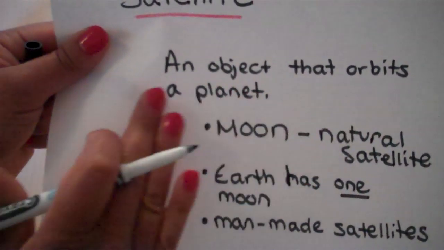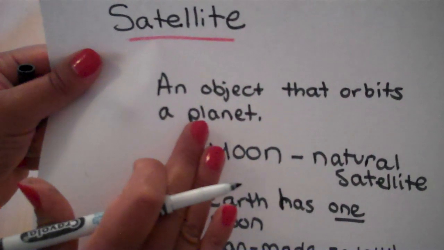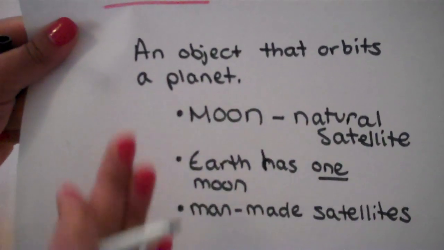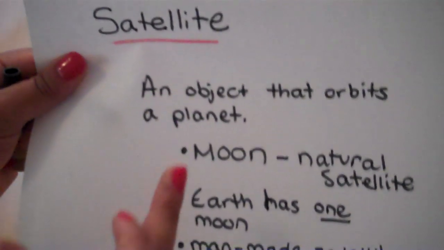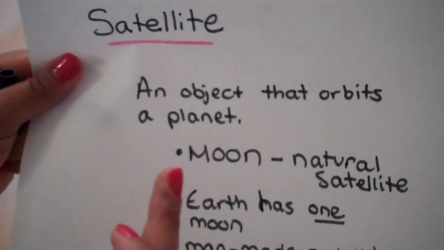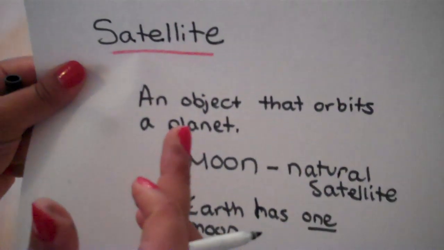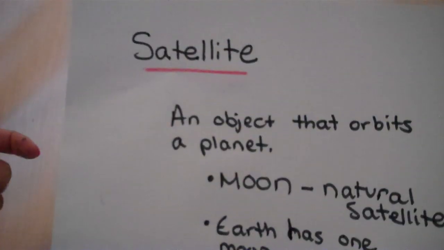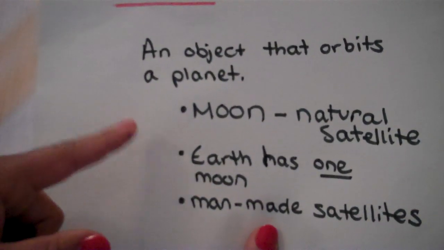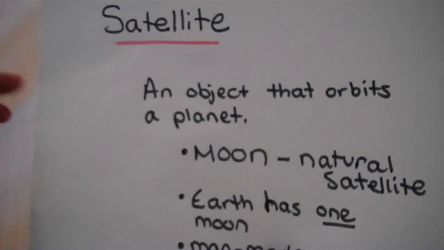They will orbit around, in this case, that planet we're talking about is our planet, the Earth. But we can put that in perspective later when we're talking about the other planets and the moons or lack of moons that they have, and the difference between that. So that's what a satellite is, and it could be man-made, it could be natural, and it must orbit around a planet. That's the key thing.